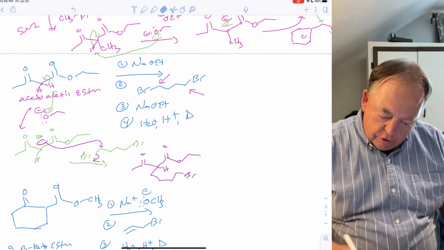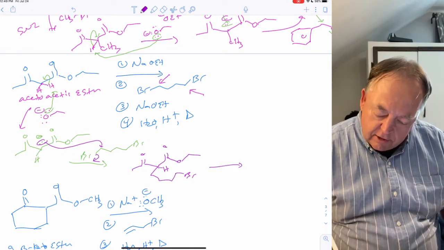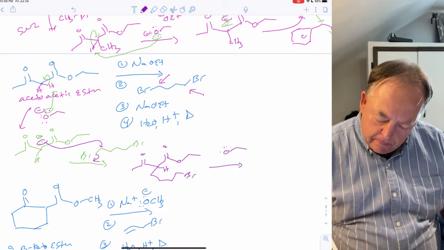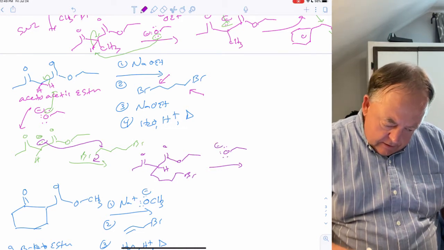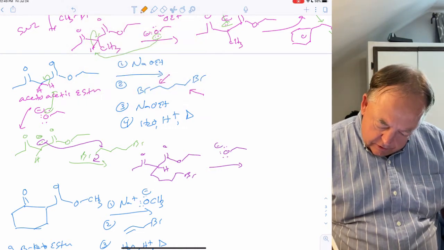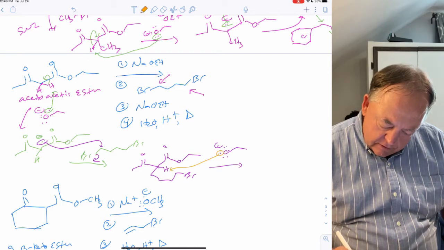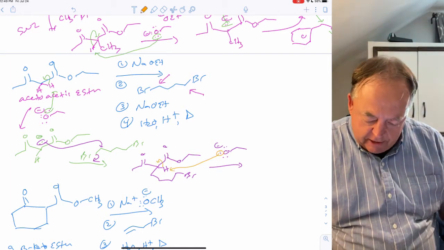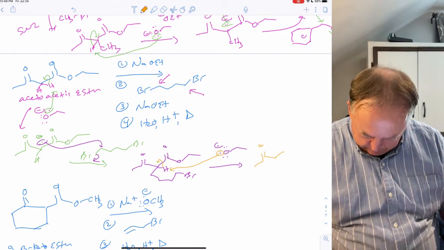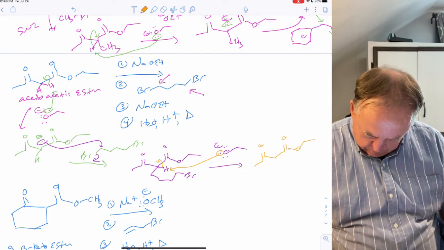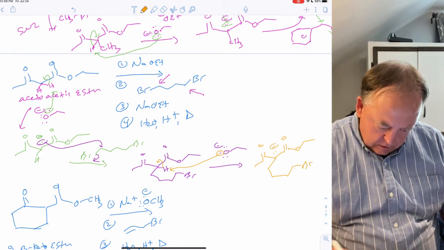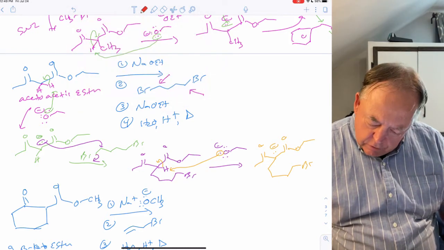So if you react that with another equivalent of sodium ethoxide, right, then you can take the other hydrogen off. Now you're back to the enolate stage. So this can do another SN2.